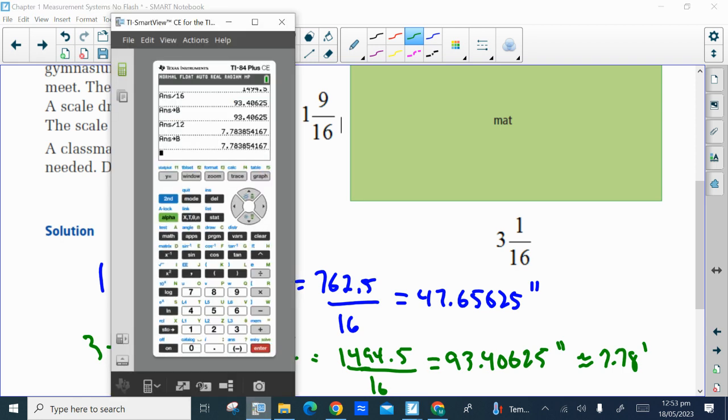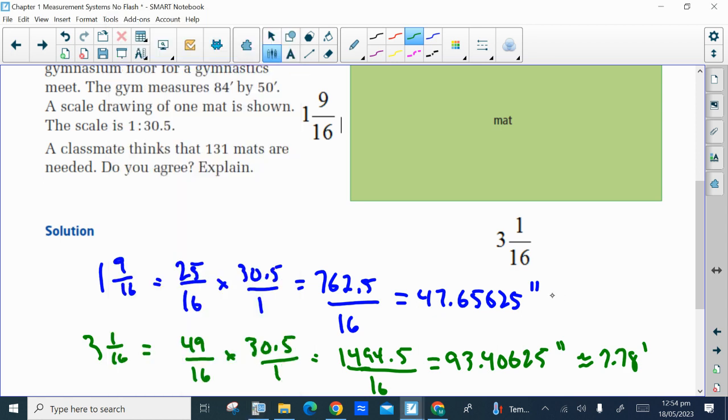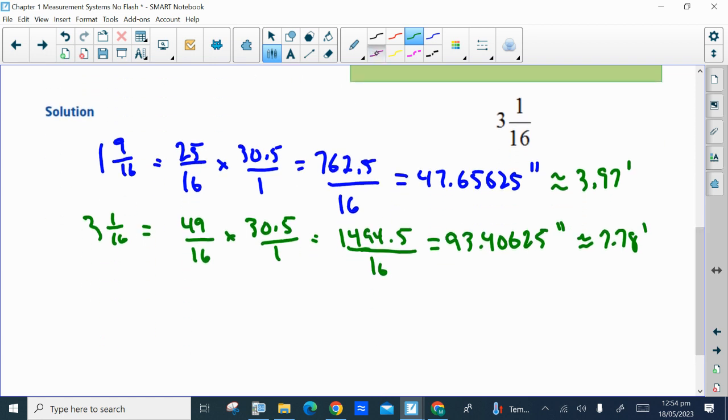And now I'll do the same thing with the height, which is what I put in alpha A. I'm going to divide that by 12 to convert that into feet. And so this is 3.97 feet approximately. And I'm going to store that number now into alpha A, 3.97 approximately feet. So these are the dimensions of the mats in feet. So to find the area of each individual mat, we will multiply these. 3.97 feet times 7.78 feet.